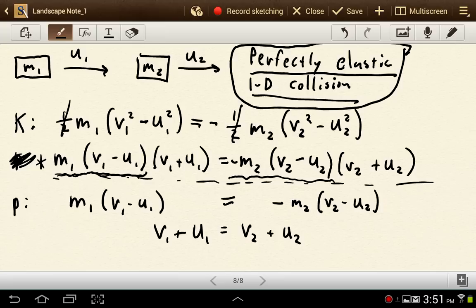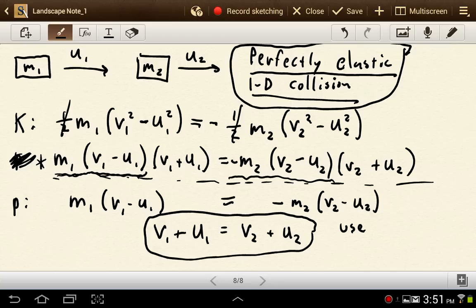It's easier to use this often because it gives you a straight plug-in for your four velocities, your two initial and your two final. So you probably want to use this and the conservation of momentum equation, which I'm going to write as p cons.